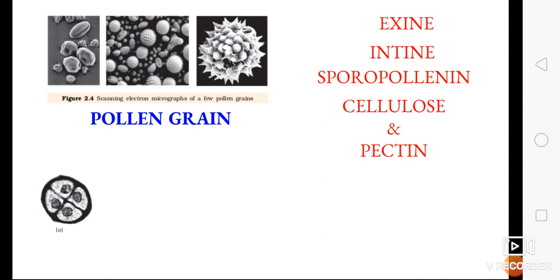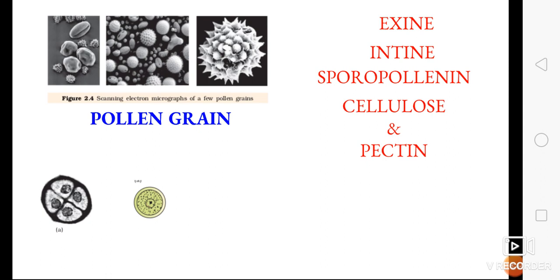At that time, they form a tetrad of microspores, as given in this figure. Tetra means 4, so tetrad means 4 cells. Then these 4 microspores separate from each other. This is a single microspore.